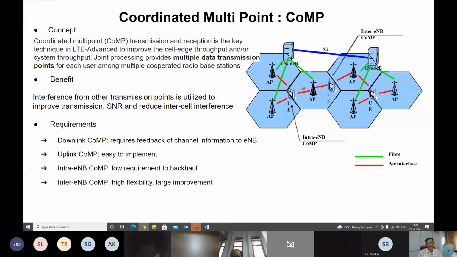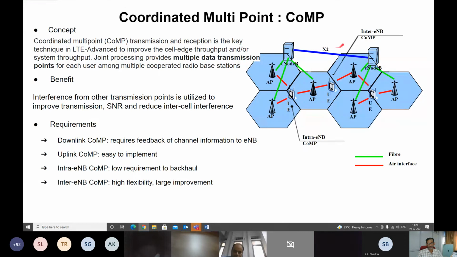Now you just think that because he is having an omnidirectional antenna, the UE, in an urban environment, his signal is reaching multiple towers also. So if you are able to combine all the signals coming from the UE and combine at the core network level, then it's a much more efficient way of utilizing. So this is the concept of coordinated multipoint.